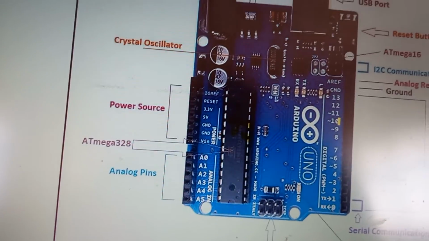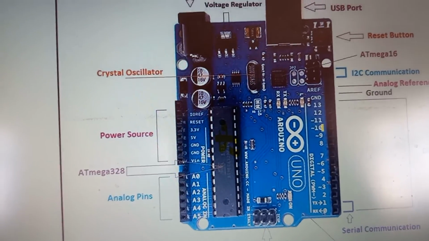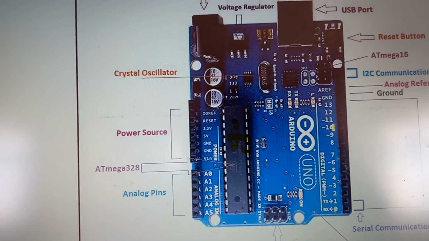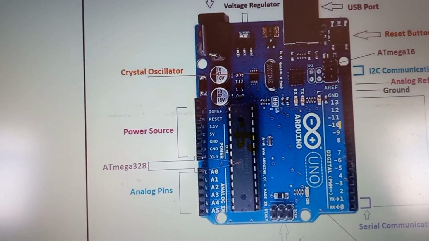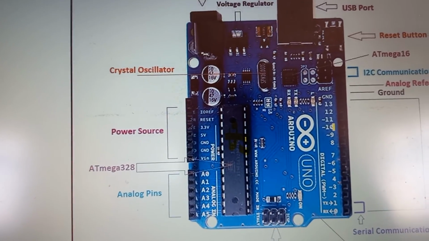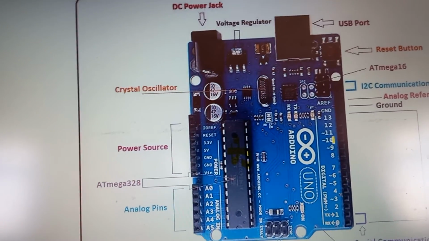One thing you have to remember is that as these pins are related to input and output functionality, when we want to generate modulated signals or use them for communication purposes, we have to mention in the code which pins are meant for input and output and which pins are meant for modulated signals.